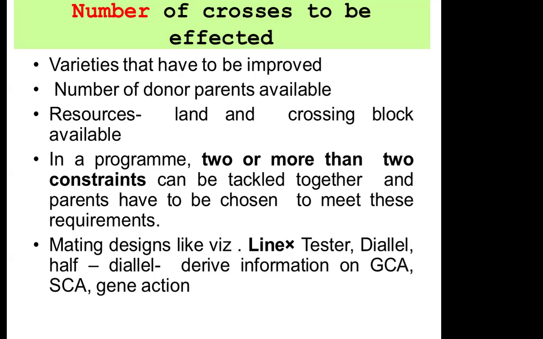This information will help in deciding which crosses we have to handle in which way. Selection procedures can also be decided based on the GCA and SCA of the parents and SCA of hybrids.